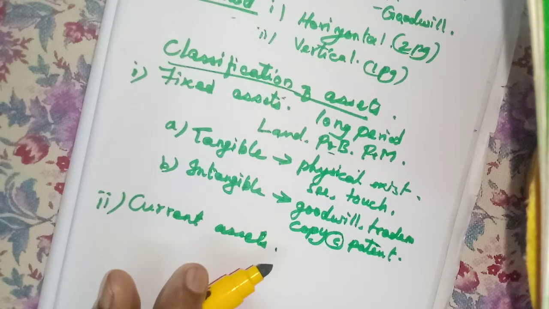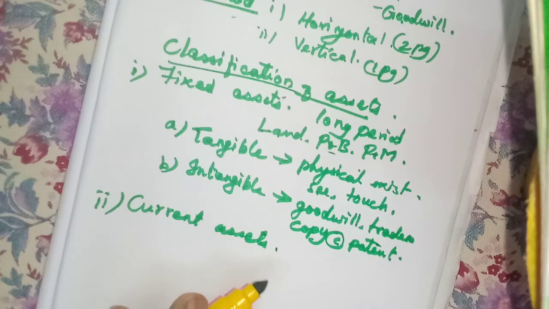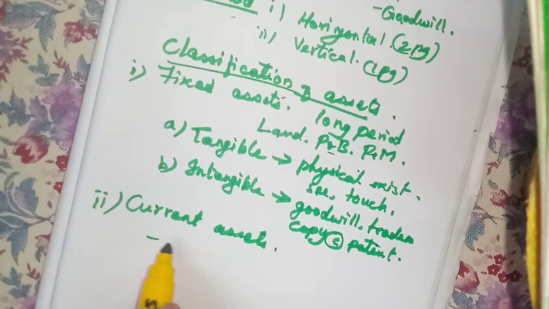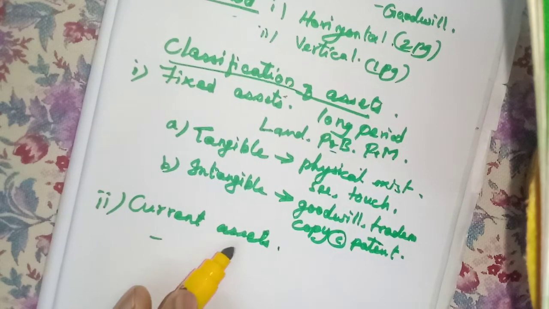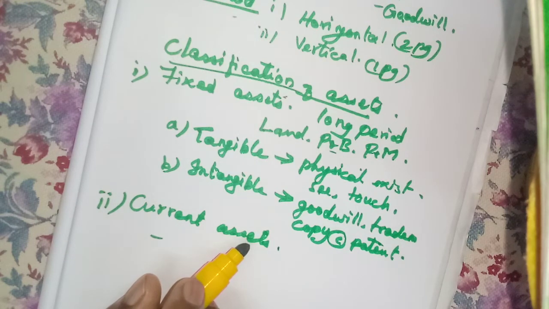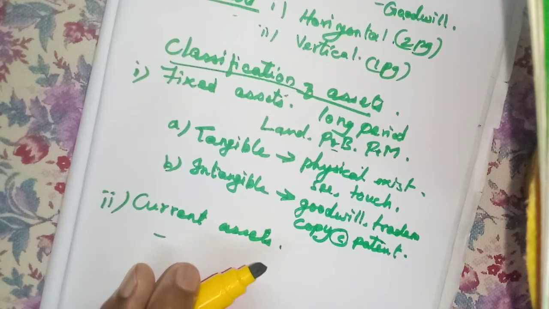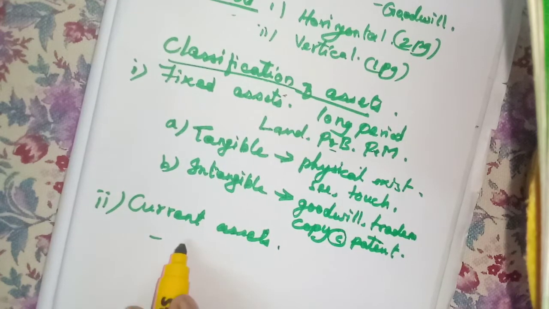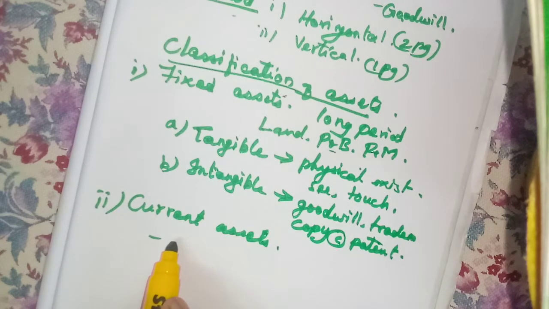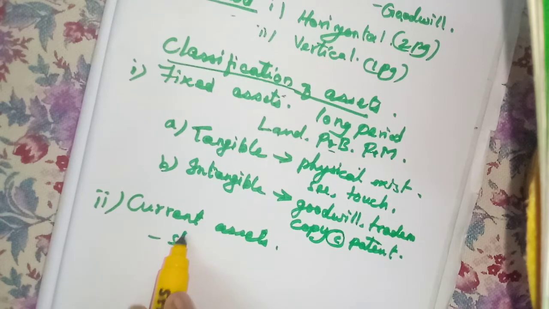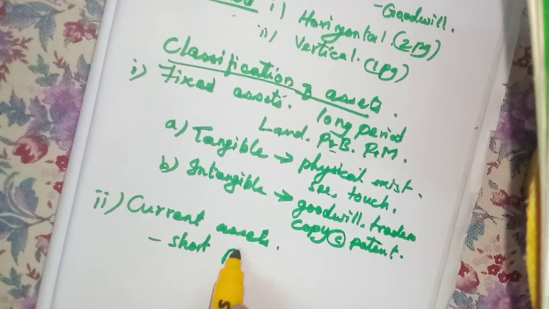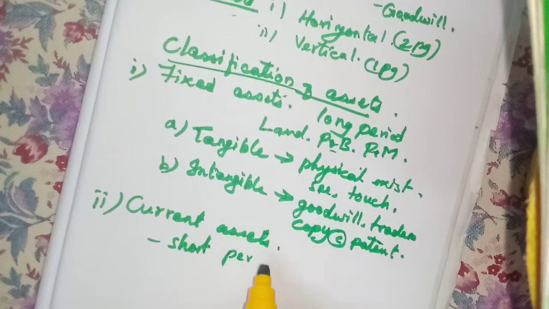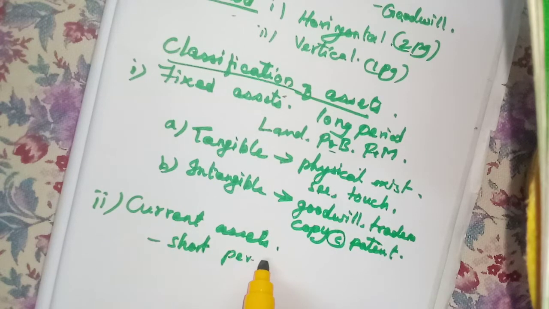Then what are the current assets? Here the current assets are in the form of cash, we can say. They are convertible into cash within a short period of time. This one cannot be converted into cash.